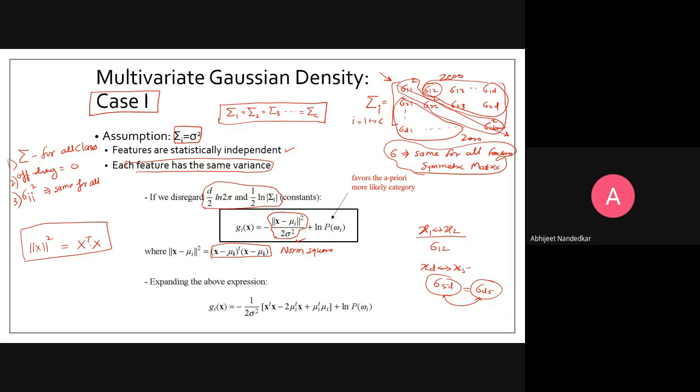Now when I write here x minus mu i, this is a vector, its transpose and the same vector are multiplied, so it is called the norm of the difference of x and mu i, squared. So this is a shorthand notation for this particular quantity.